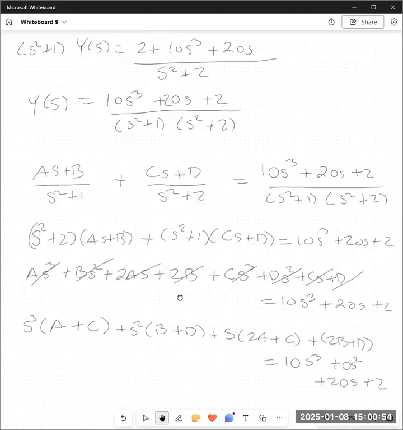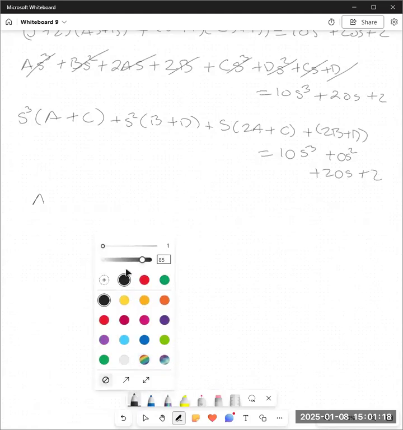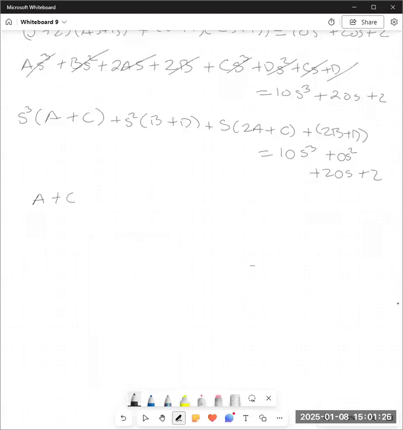So that gives me a system of equations that says a plus c is equal to 10, and b plus d is equal to 0, and 2a plus c is equal to 20, and 2b plus d is equal to 2.